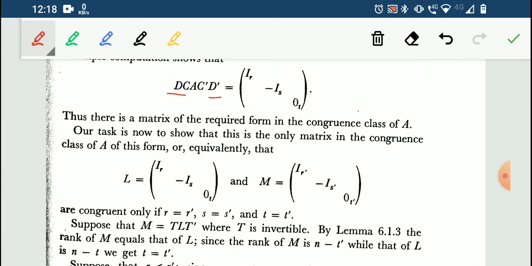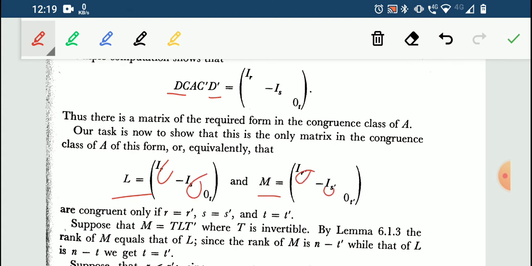So we'll prove this with the contradiction method. Suppose we have two matrices L and M, which have R different than R dash and S different than S dash.